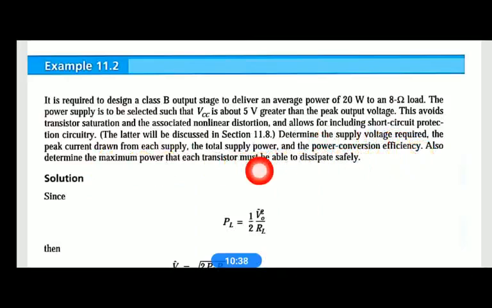Determine the supply voltage, the peak current drawn from each supply, the total supply power and power conversion efficiency. Also determine the maximum power that each transistor must be able to dissipate safely.